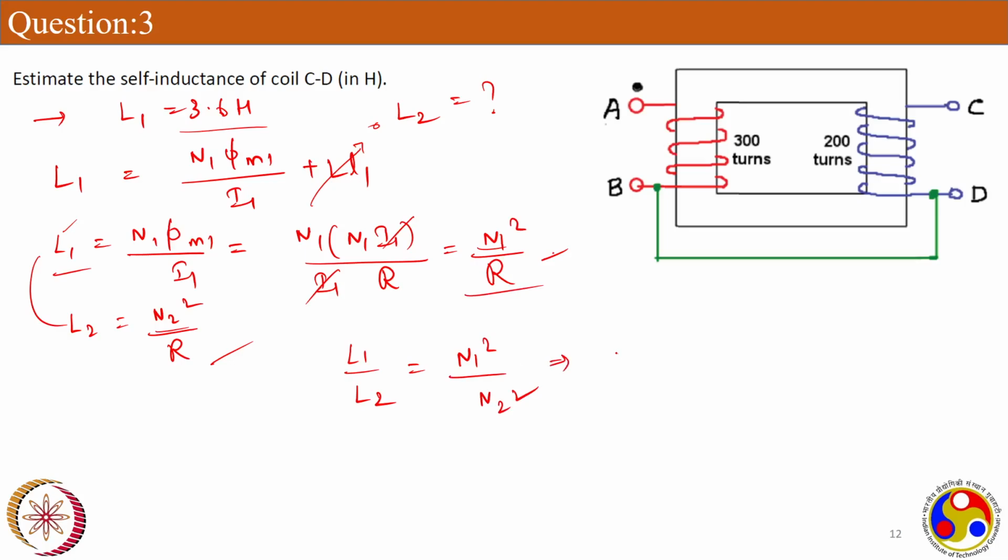Now L2 is equal to L1 into N2 square by N1 square. So 3.6 multiplied by N2 square by N1 square, that is 4 by 9. How much is this? 1.6 Henry. Simple.